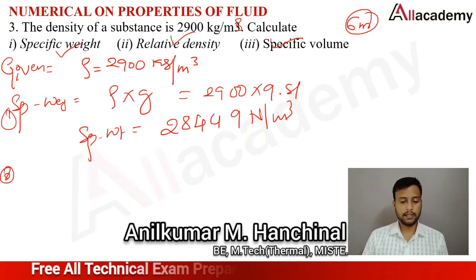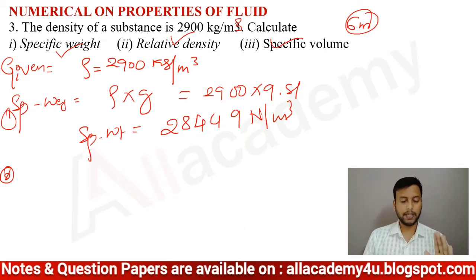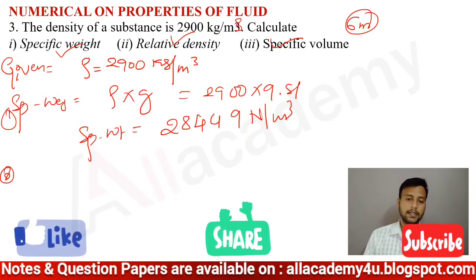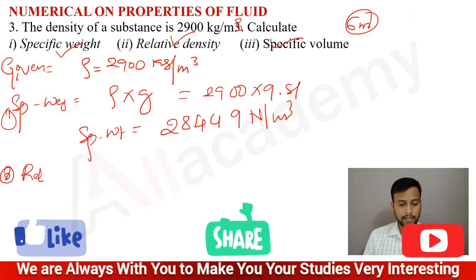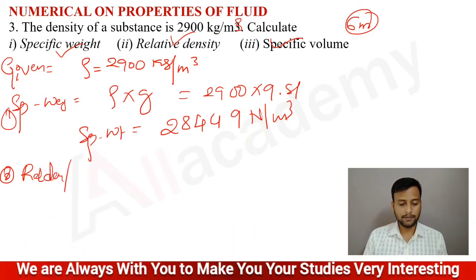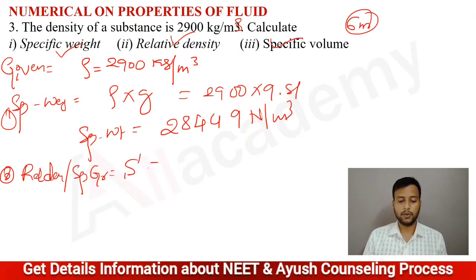Now the second thing we need to identify is relative density. Please don't be confused by relative density. It is nothing but specific gravity. Sometimes we say relative density and sometimes we say specific gravity, denoted by capital S. It is the density of a fluid to the density of a standard fluid.